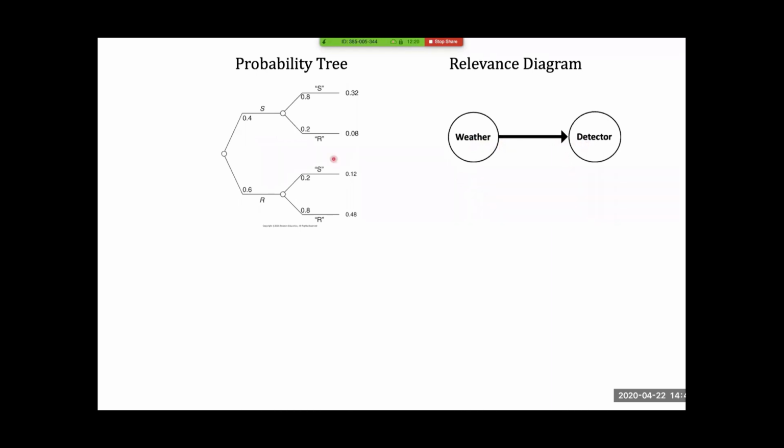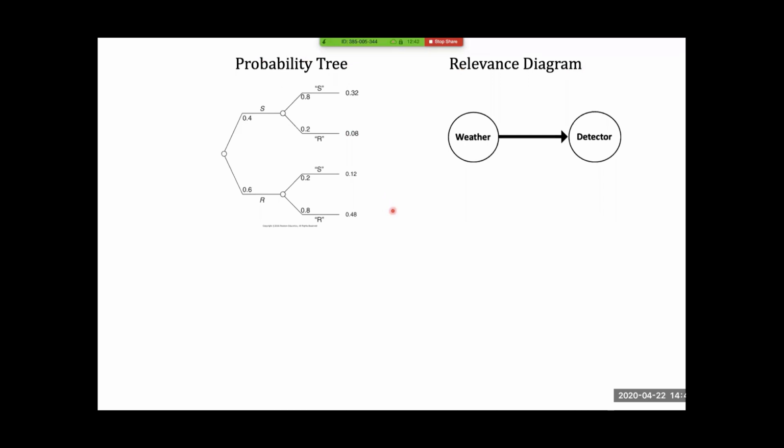Again, these are things that we learned in the first half of this semester's classes. So we construct a simple, clear, and concise relevance diagram to represent the relevance relationships in the probability tree.